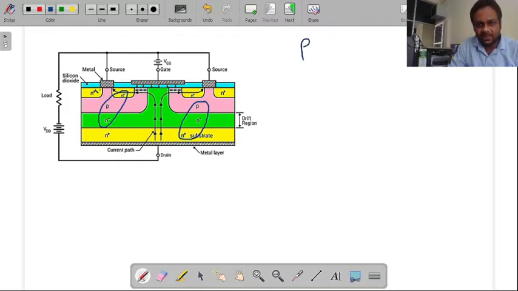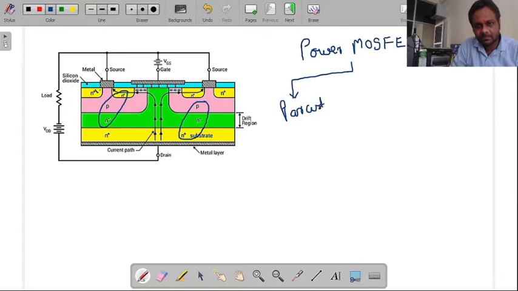So if I consider the power MOSFET, then we have two parasitic devices: parasitic BJT and parasitic diode.